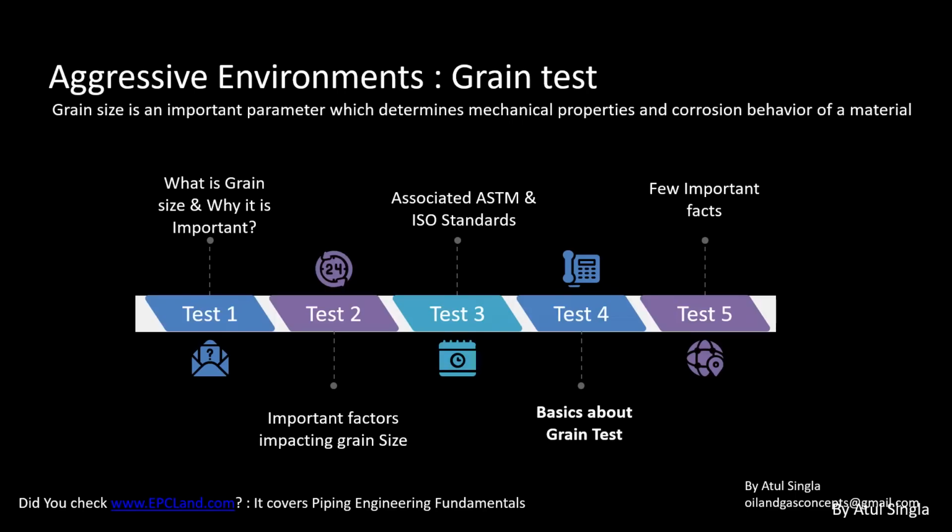Then the basics about the grain test, how we perform it, and what things we consider while performing this test. Along with that, we'll try to understand a few important facts related to the grain test. So this is the total agenda which we are going to cover in this section.